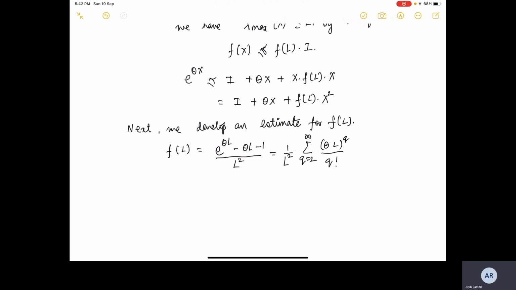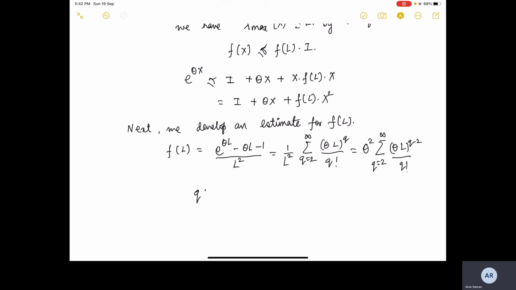Next, we can just rewrite and simplify it as the sum over q equals 2 to infinity of (theta L)^(q minus 2) by q factorial.